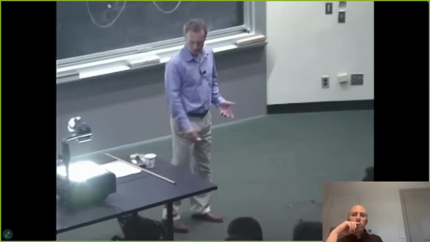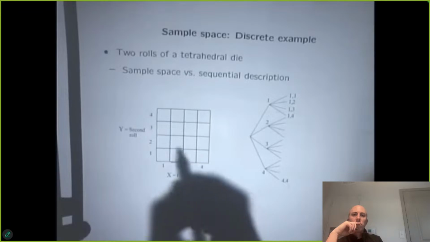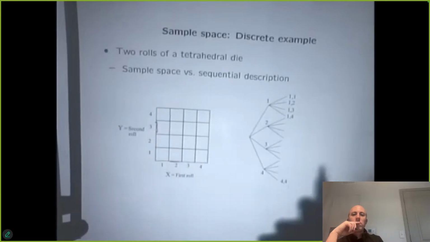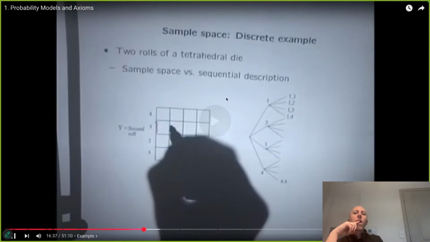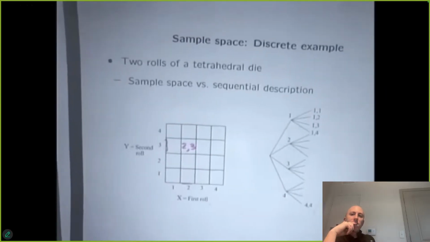Okay. So what's the sample space for that experiment? Well, the sample space consists of the possible outcomes. One possible outcome is that your first roll resulted in 2 and the second roll resulted in 3, in which case the outcome that you get is this one, a 2 followed by 3.